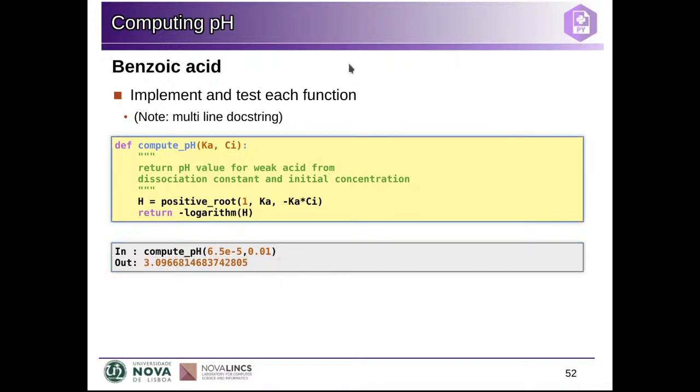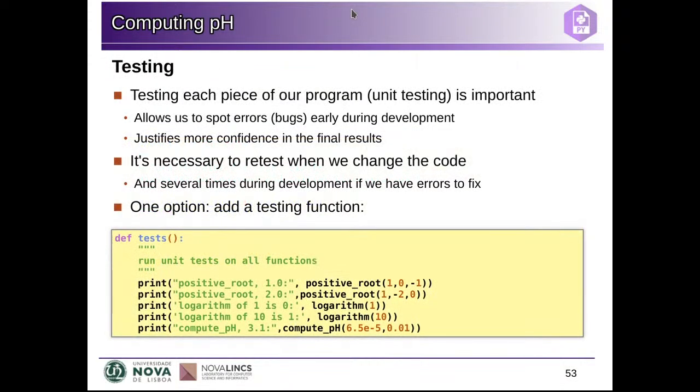So now we have things implemented in a more flexible way with different functions, and this allows us not only to test each part, so we can actually create a function for tests where we print all the different tests, and this can make it easier to make sure that our program is correctly implemented because we can test each little piece.